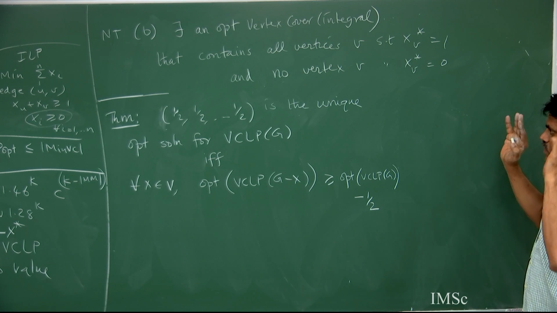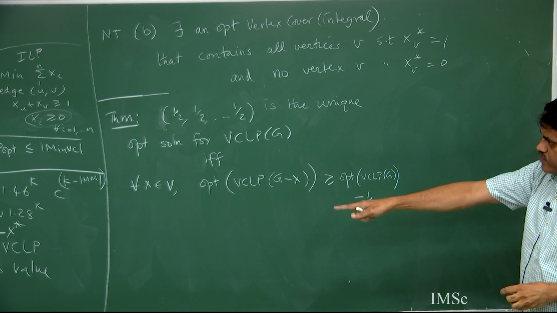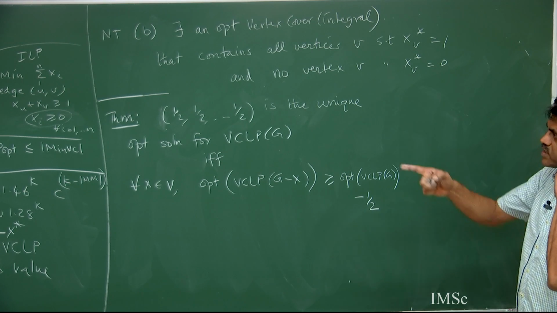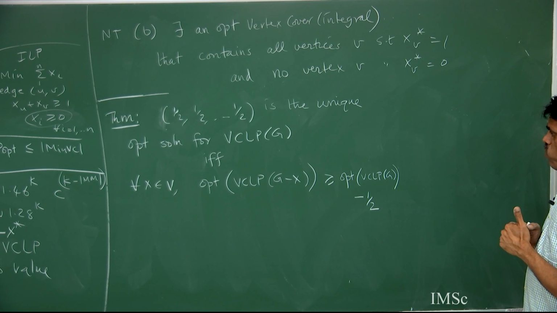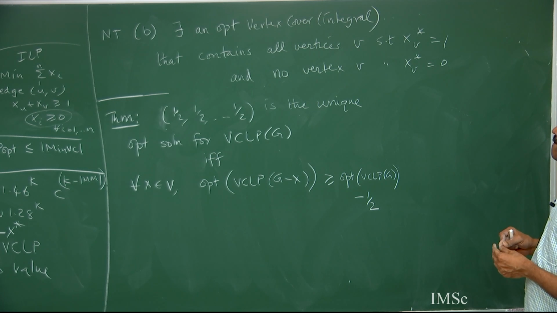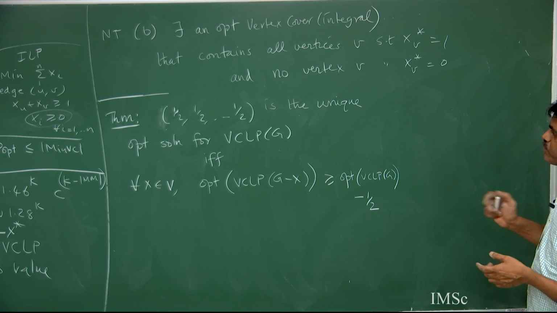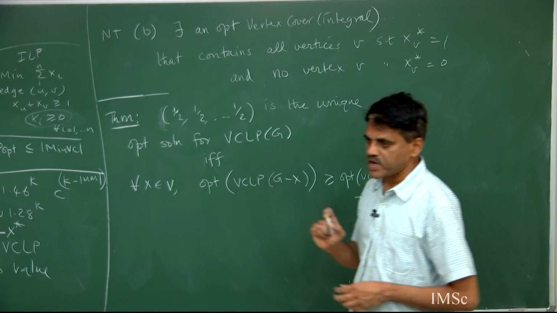Okay. So, I will prove this, and then assuming this theorem, we will give a simple branching algorithm for that problem. Okay, let's try and prove this. Or should I assume the theorem and give the branching out?